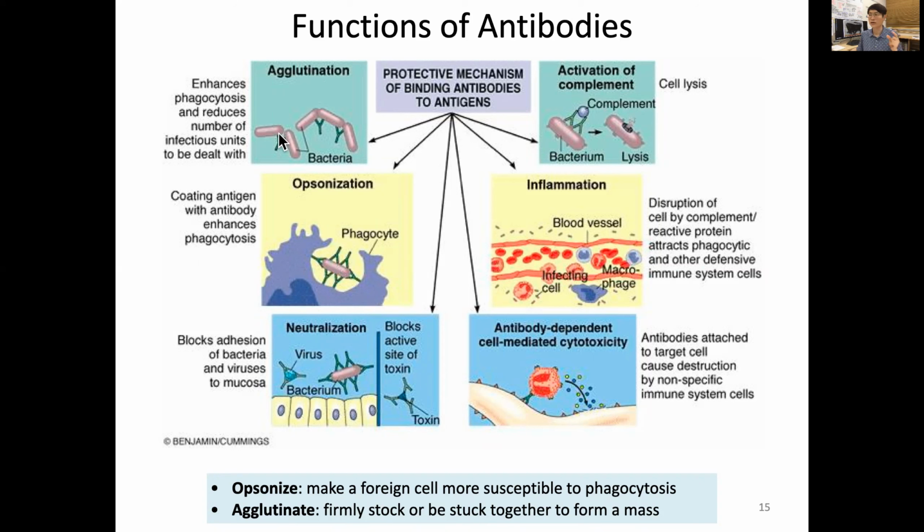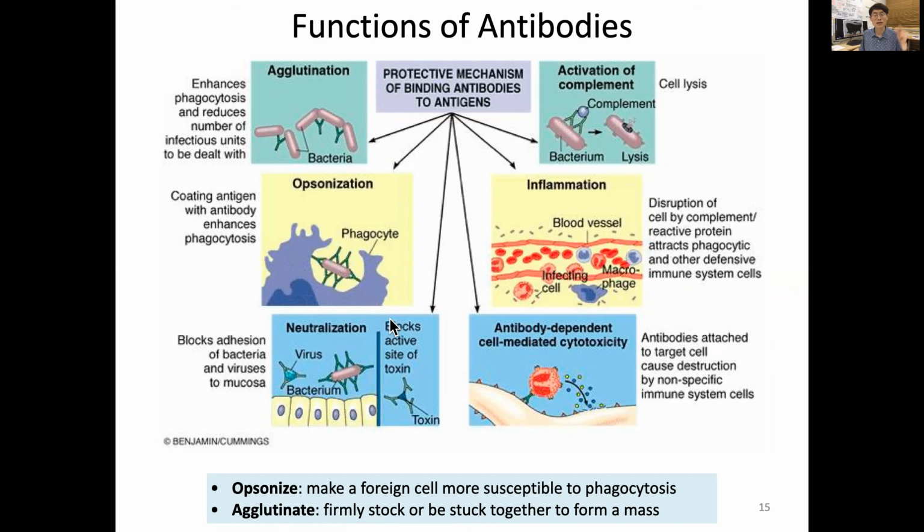Agglutination means that you can see the antibody has multiple valences, so it can grab two or multiple bacteria together, which enhances phagocytosis and also reduces the number of infectious units to be dealt with. And the second is opsonization, by coating or putting a sauce onto the antigen so that it enhances phagocytosis by phagocyte cells.